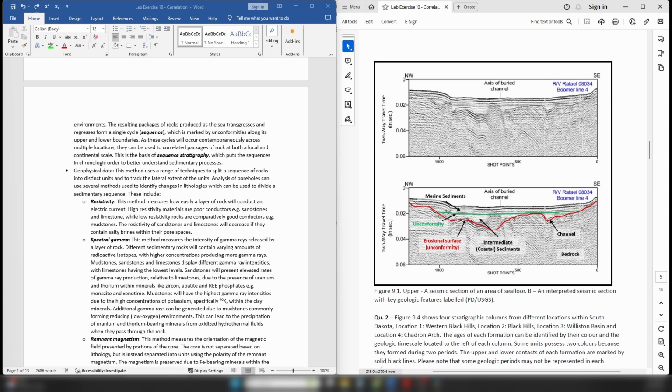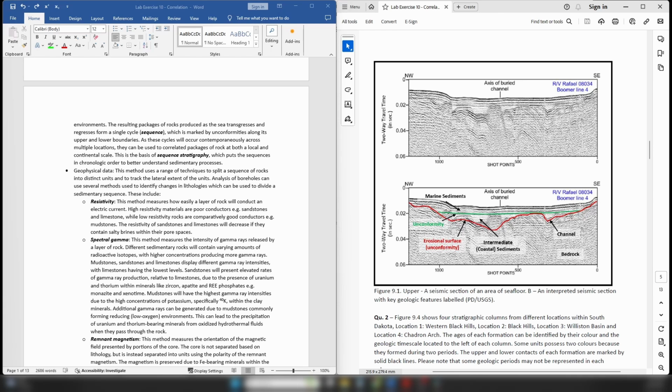So if you were to look at a graph, every time you went through a mudstone layer, you would see the resistivity decrease, whereas every time you looked at a sandstone or limestone layer, you would see the resistivity increase.